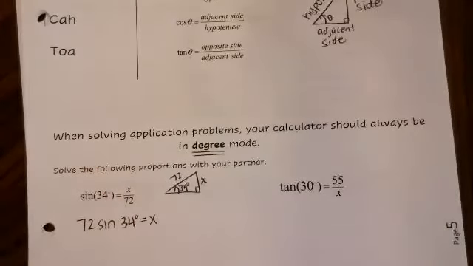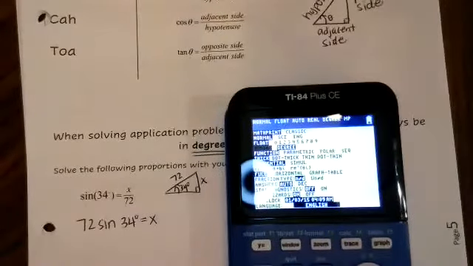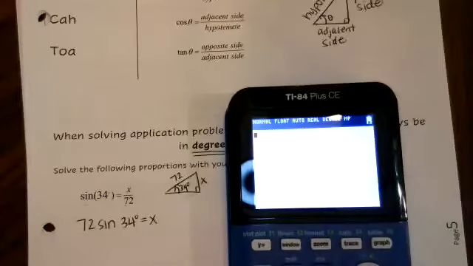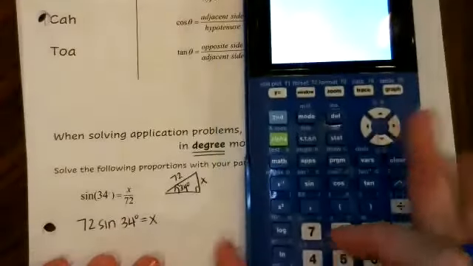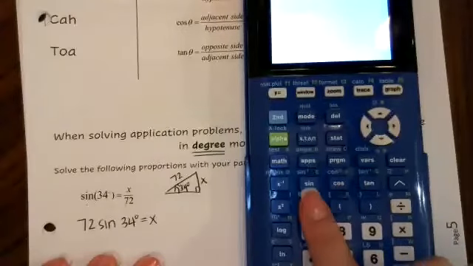This is where your calculator comes into play. So we're going to go to mode, and we're going to make sure that it's in degree. I make sure that it's in degree right there, and then we can do our calculations. So our sine, cosine, and tangent buttons are right here on the calculator.